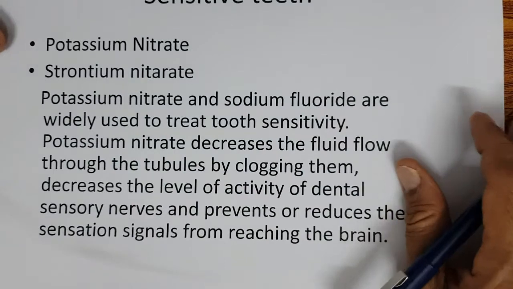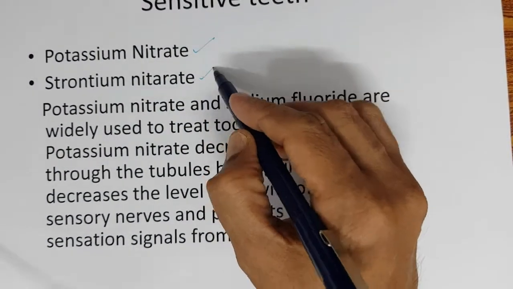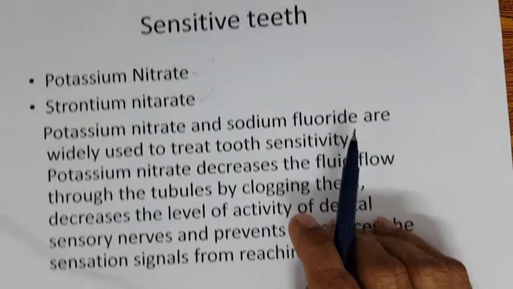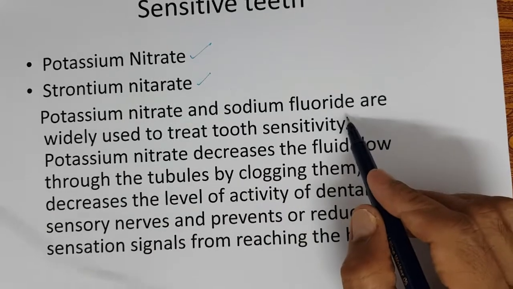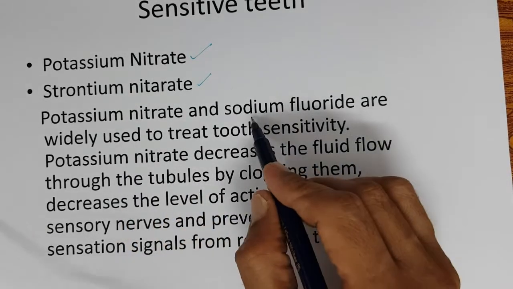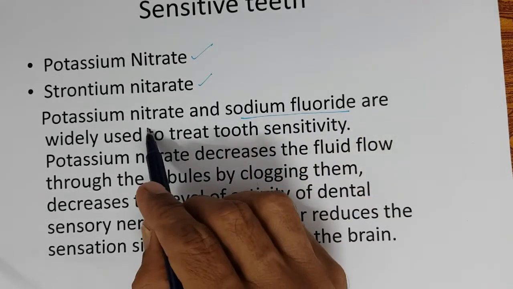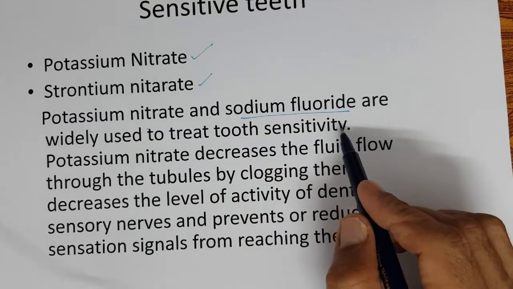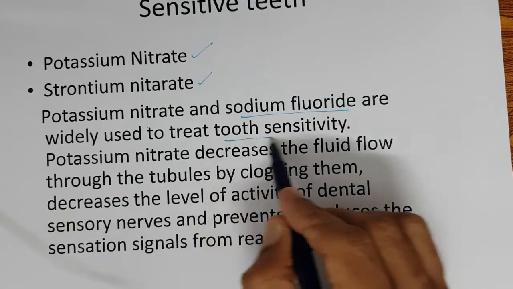Two ingredients are generally used for sensitive teeth: potassium nitrate and strontium nitrate. Potassium nitrate and sodium fluoride together are widely used to treat tooth sensitivity.